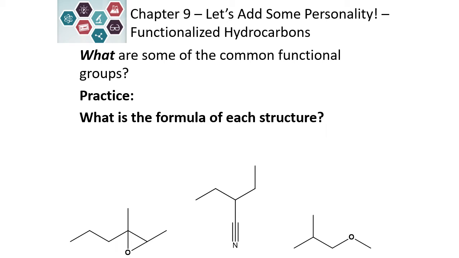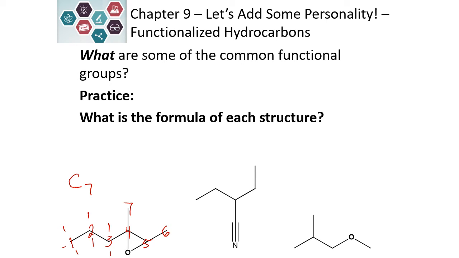If we look at our first structure, we have 1 carbon, 2 carbons, 3, 4, 5, 6, 7. So this would be 7 carbons. We would have to count our hydrogen, 1, 2, 3, 4, 5, 6, 7.